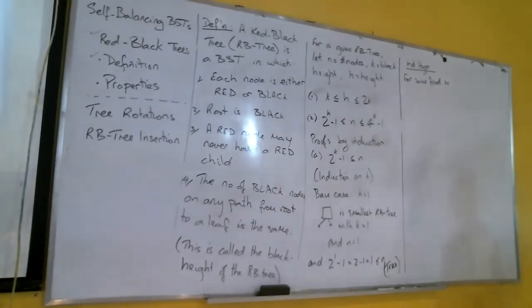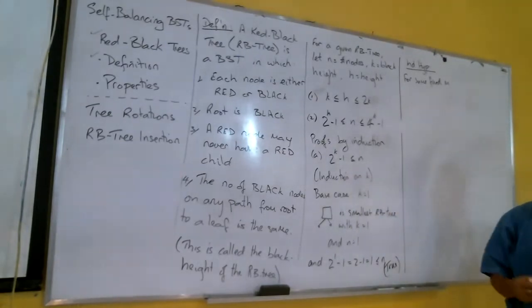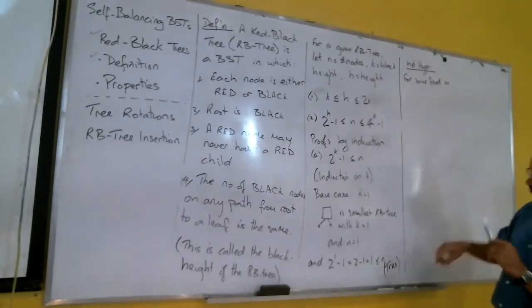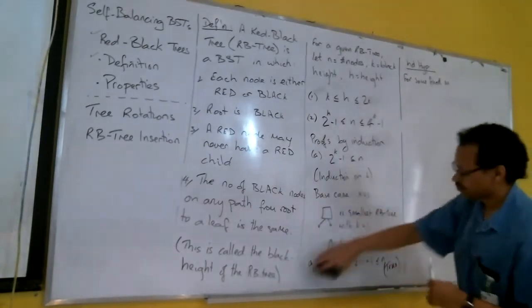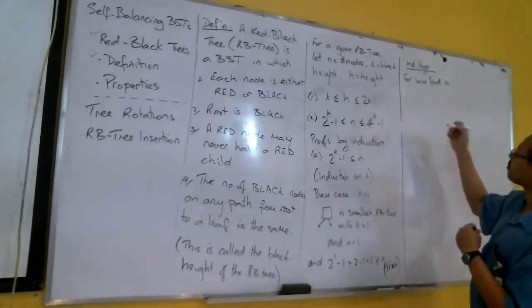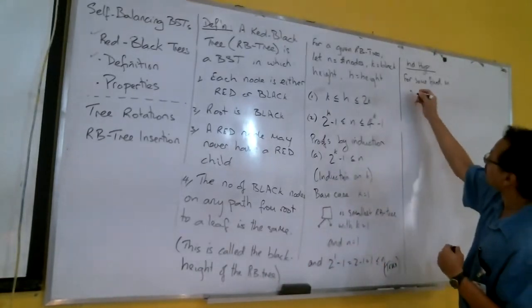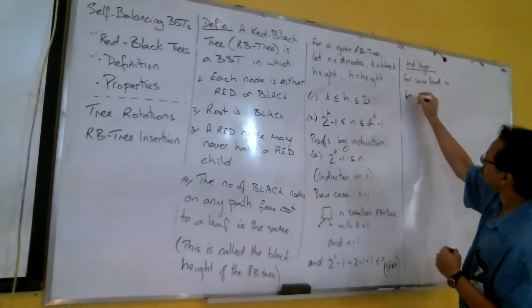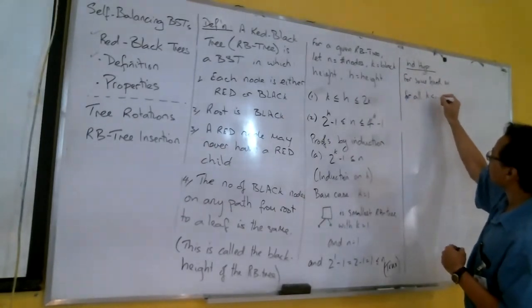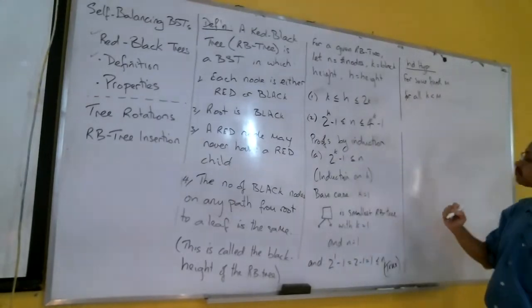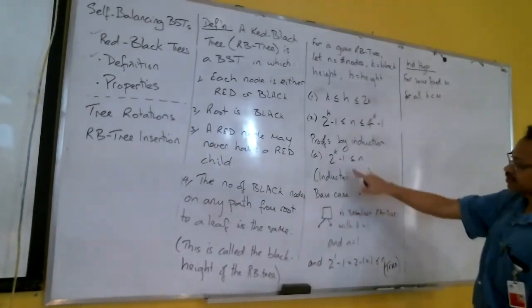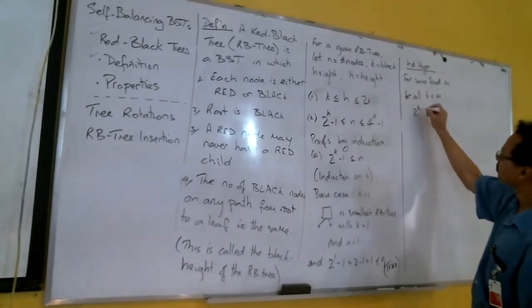That for all black heights less than m, the proposition was true. So for some fixed m, the only thing here that's fixed is the m. What we still want to say is that for all k that are strictly less than m, the thing we're trying to prove is true.